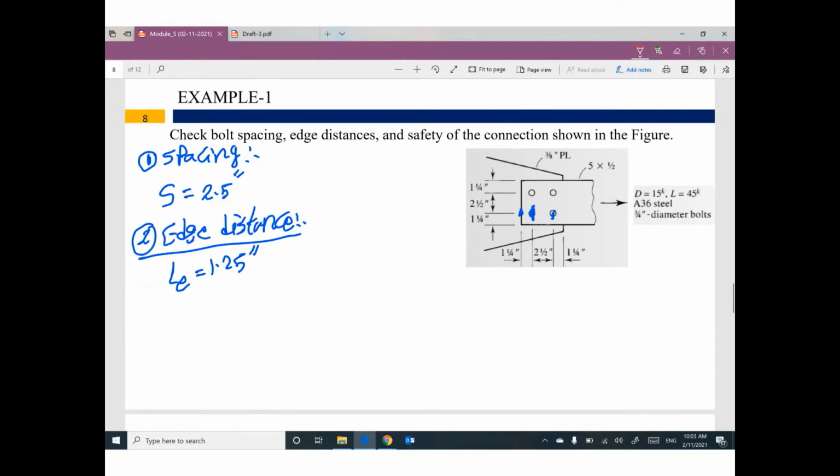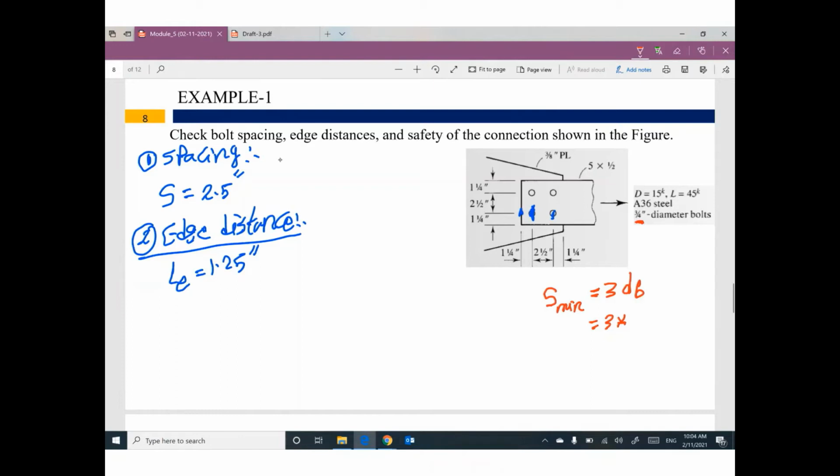Based on the standard, the minimum spacing between center line to center line of bolts must be 3D bolt. What is the diameter of the bolt? Actually, we are using 3/4 inch diameter bolts.